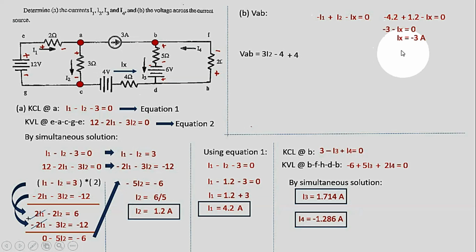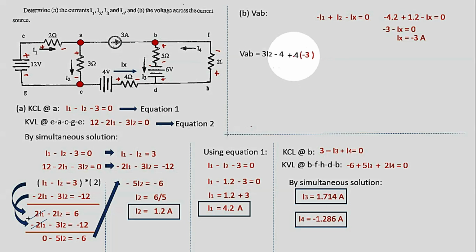Okay, so we can now use it here. Since this is going through the passive element, this will be the positive one, and this will be negative. So this is voltage drop, and place it on the other side, so it will become positive. So 4, and then multiplied by the current.